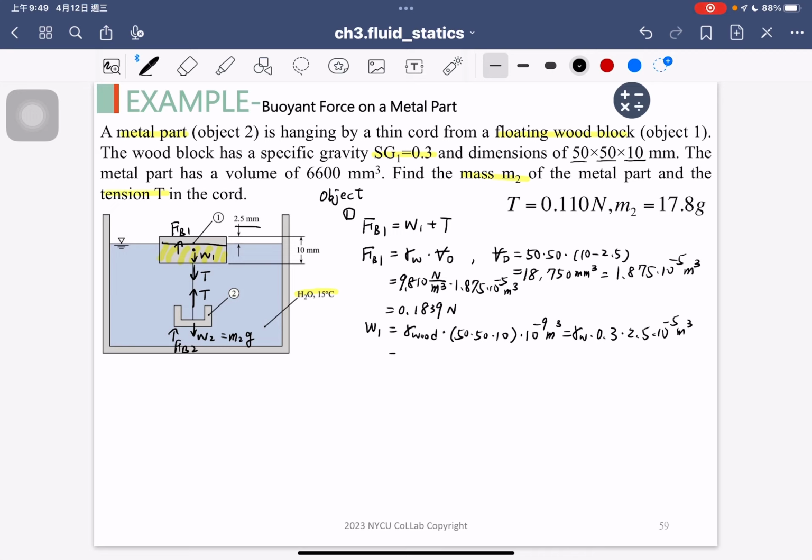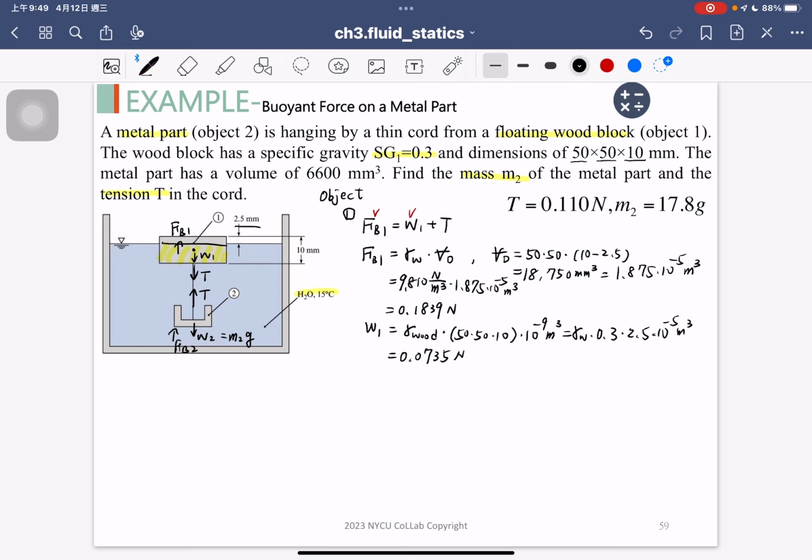So we put all the numbers into the equation and calculate the answer. I checked the answer: the weight of the wood is 0.0735 Newton.